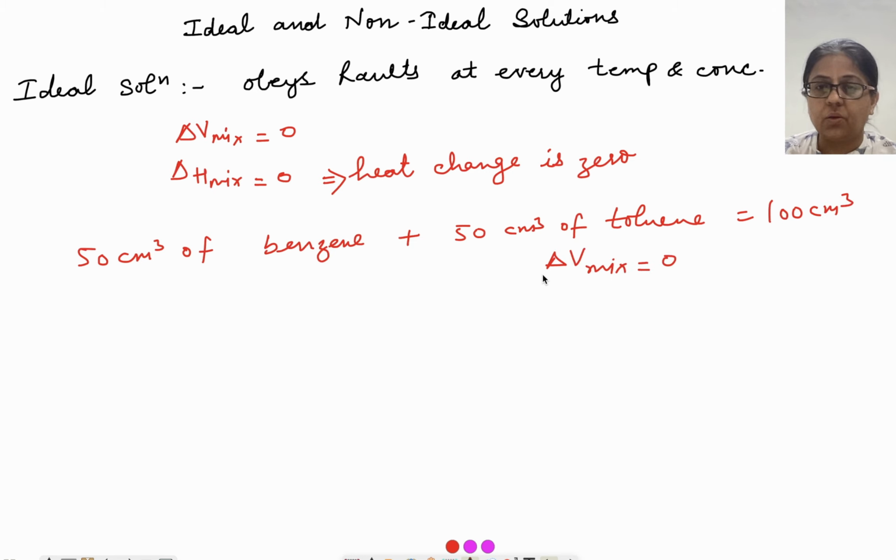When a large amount of heat is released, this means that delta H after mixing will not be equal to 0, because now it is an exothermic reaction. So the delta H mixing is not equal to 0.